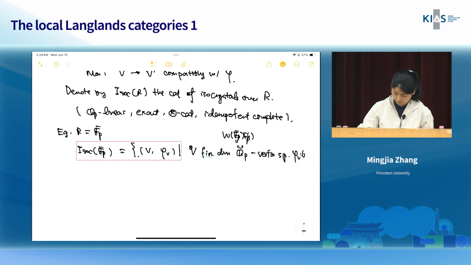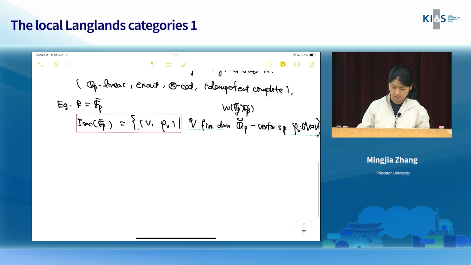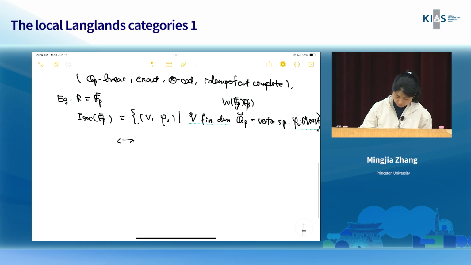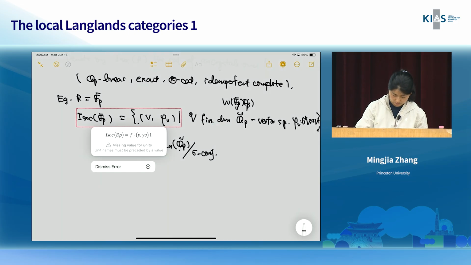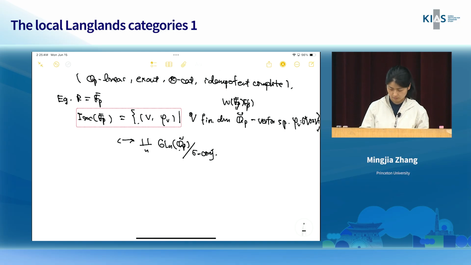And then there is the Frobenius on V. And since Q_p breve vector spaces are just determined by their dimension, once we fix a dimension of V, then the datum of this automorphism is given by a Q_p breve point of the group GL_n. And if we classify them up to isomorphism, then objects in this category up to isomorphism are given by GL_n(Q_p breve) modulo sigma-conjugation.